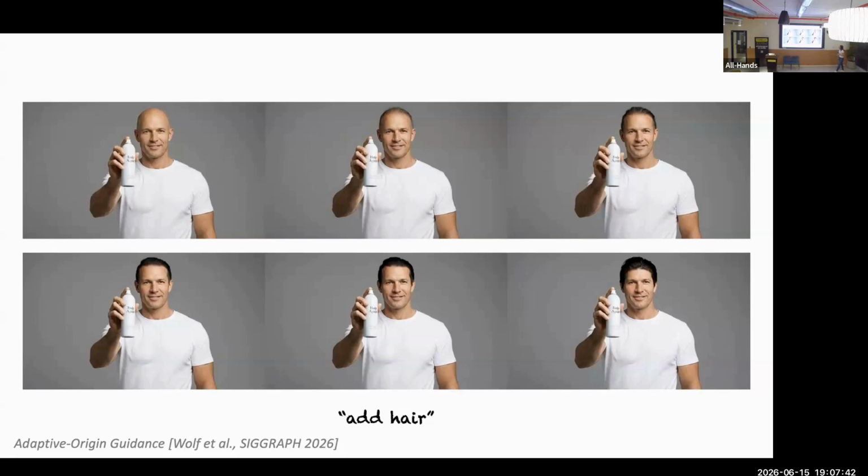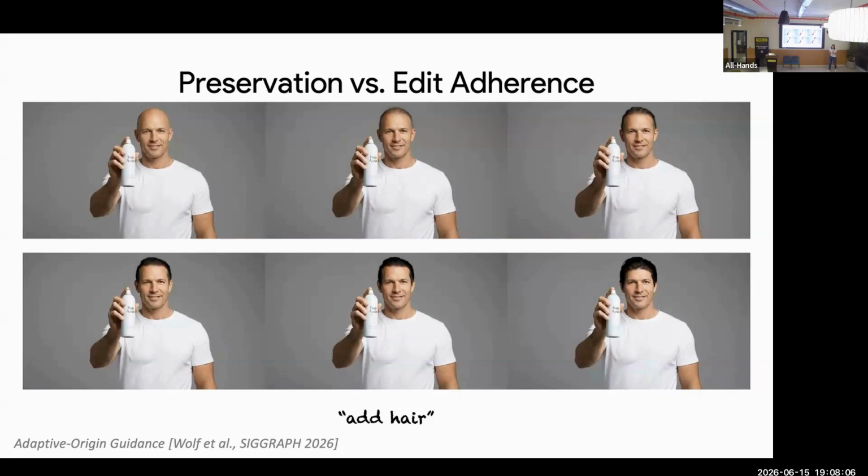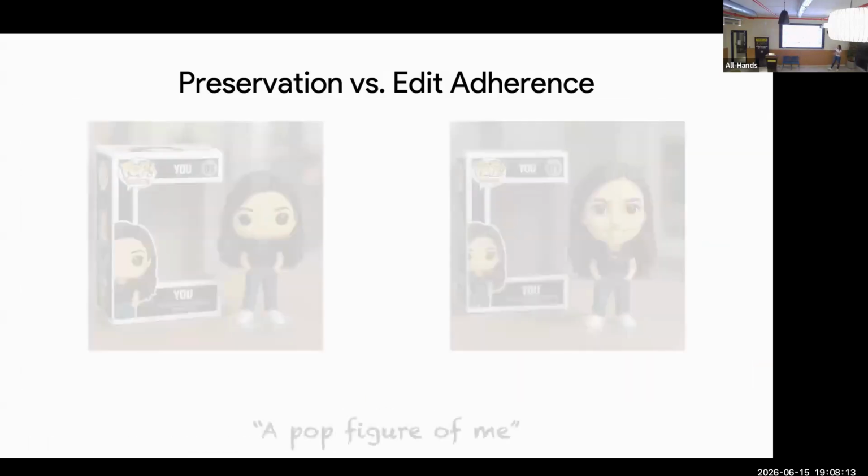Now, another way to look at controlling the editing strength is navigating the trade-off between preservation of the input image or input video and adherence to the prompt that describes the edit. In this example, when adding the hair, we don't really have a trade-off. We don't lose something when we use the maximal edit strength.